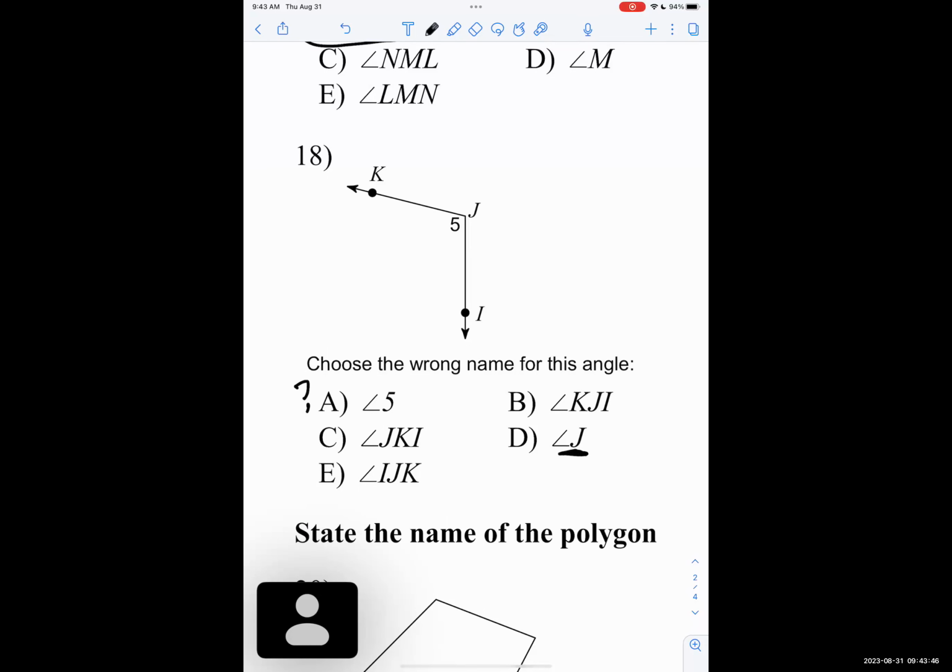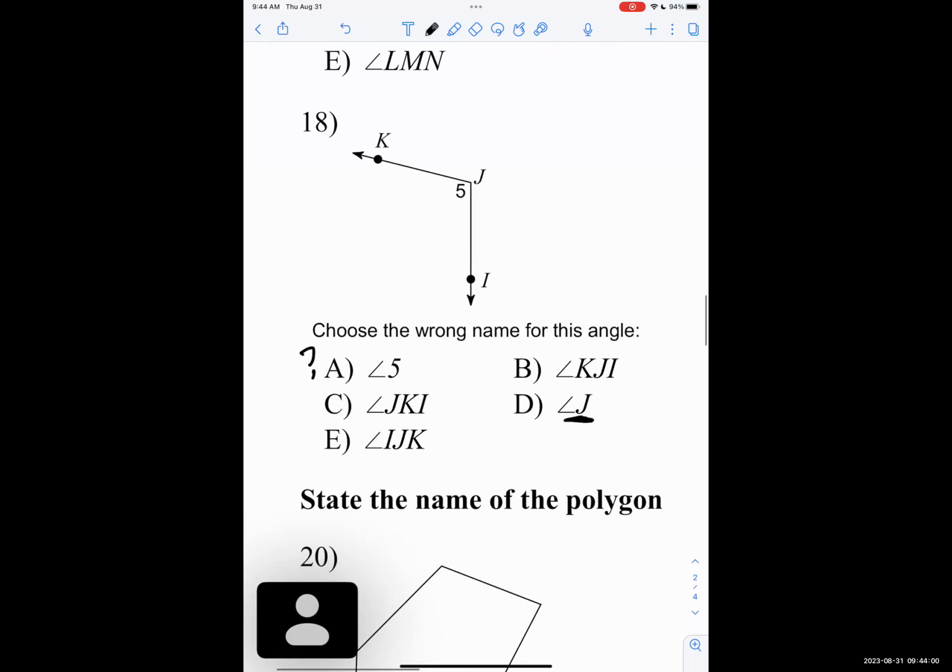Could we call it J? Yes, because J is the vertex. If you're only going to give it a 1-letter name, you have to use the vertex. Now, look at these 3, B, C, and E. One of those has the wrong letter in the middle.